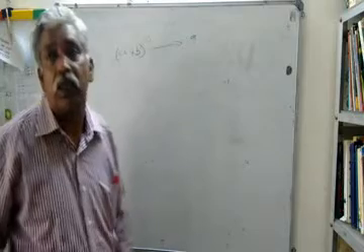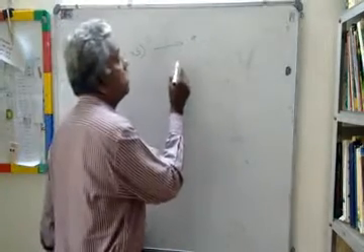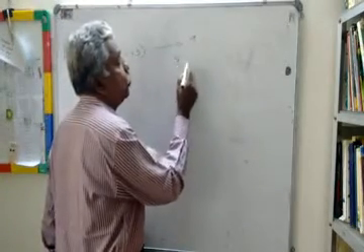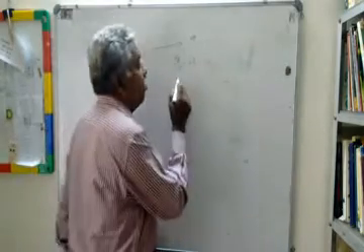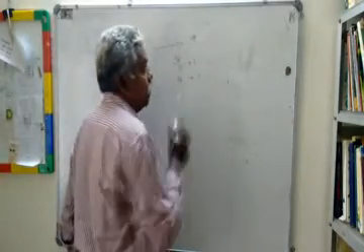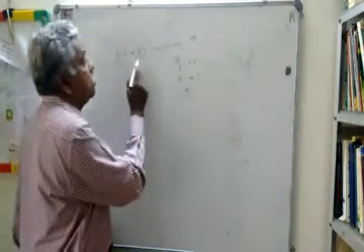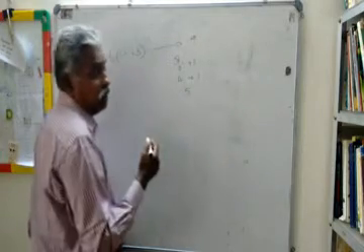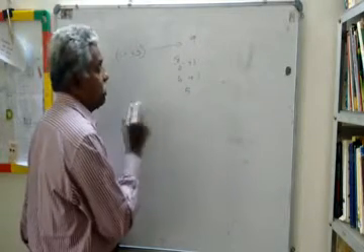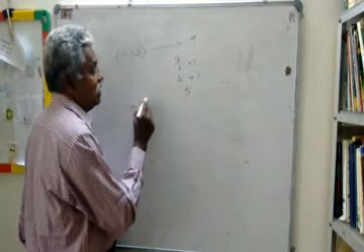The middle term is the 8 by 2 plus 1, which is 4 plus 1, the 5th term. So the middle term of (a + b) raised to 8 is the 5th term.